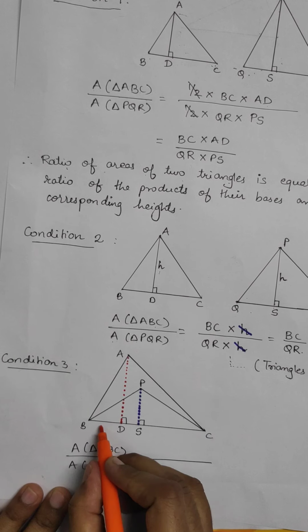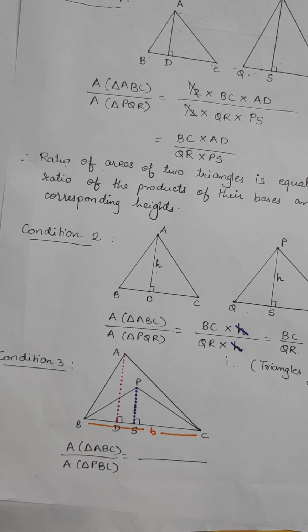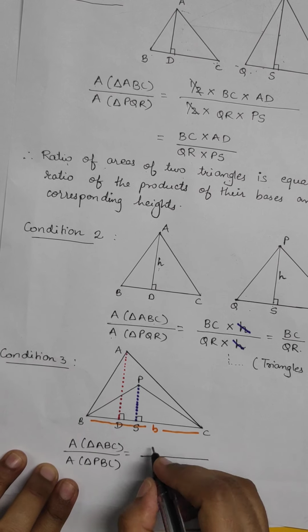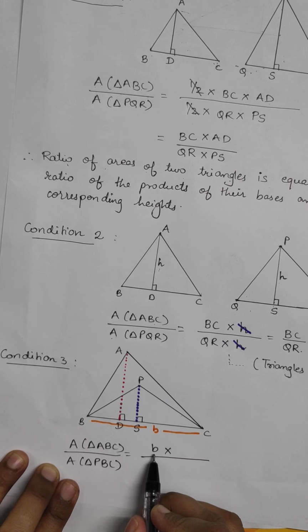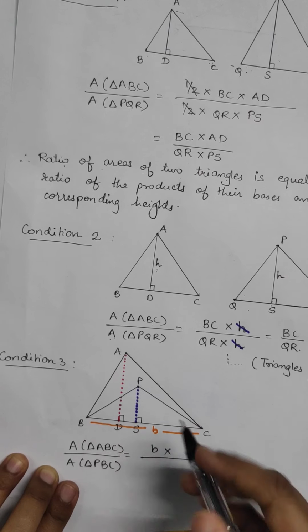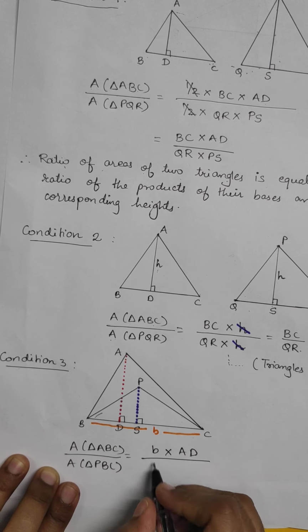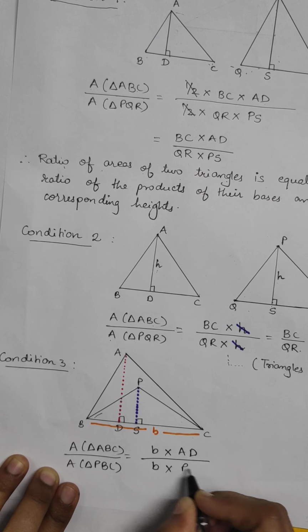So we put the base B for both triangles, the height is AD, and for the second triangle PBC again the base is the same and the height is PS.